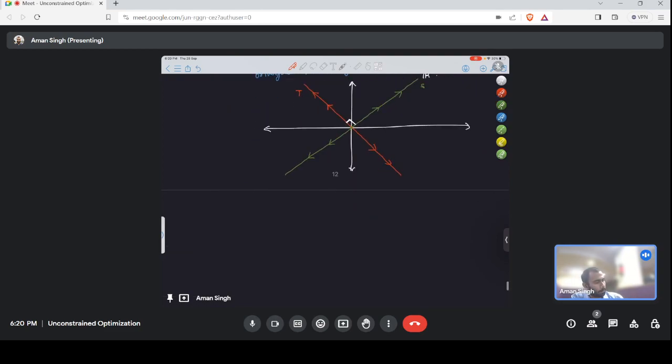Now let's move on. Related to this, I have a question for you in R3. Let S and T be subspaces in R cube, and both of them are planes.